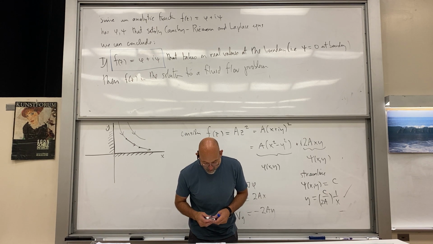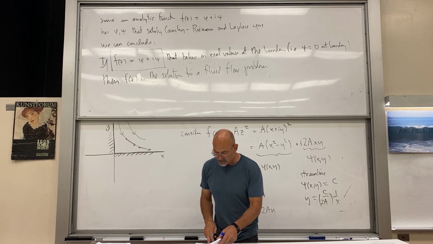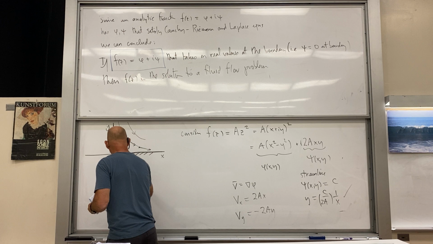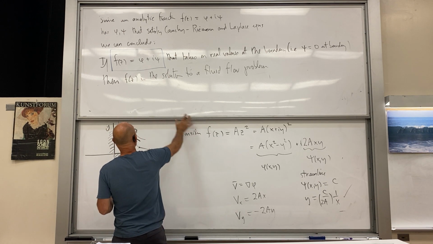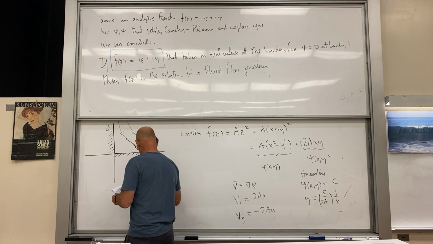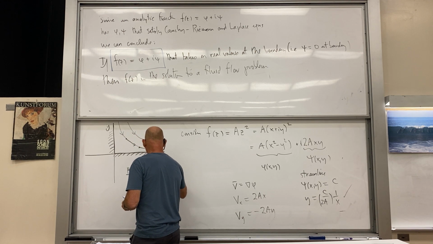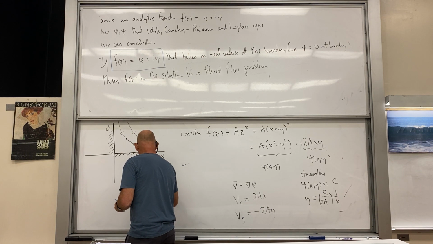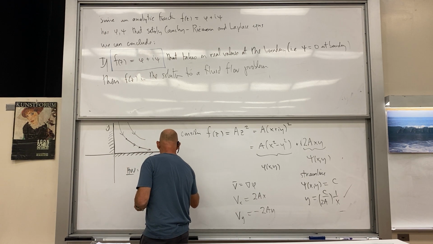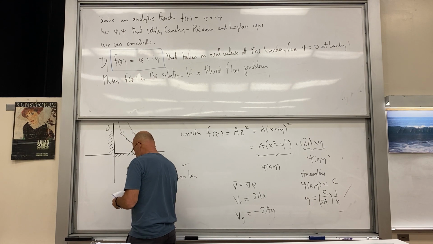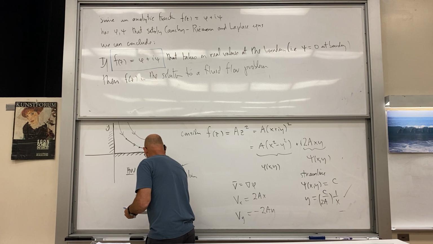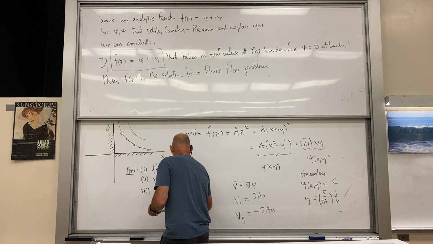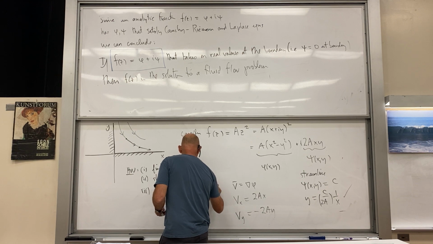Here's what I'll do. I'll formulate a homework, and basically I've done the homework. So for this problem right here: 1, find v. I've just done that right there. 2, sketch the streamlines. 3, show that del squared phi equals 0, del squared psi equals 0.